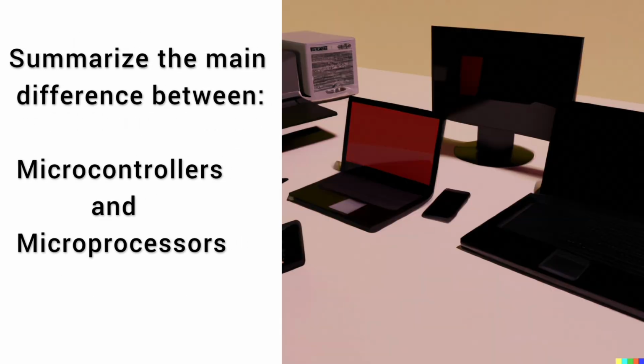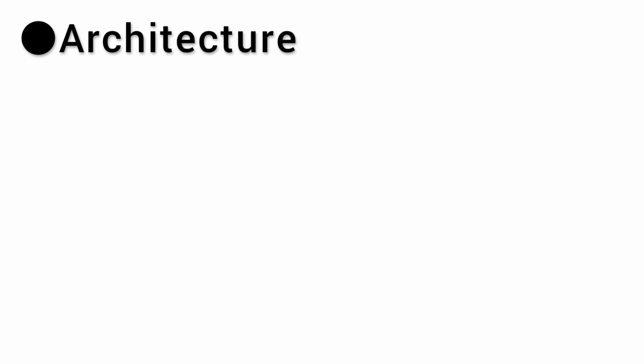So friends, let me summarize the main differences between microcontrollers and microprocessors. First is architecture. A microcontroller is a complete system on a single chip, including a CPU, memory, and input-output peripherals. A microprocessor only contains a CPU and requires additional components to perform input-output operations. Second is purpose.